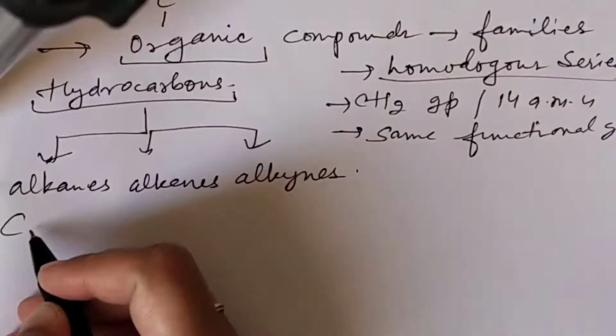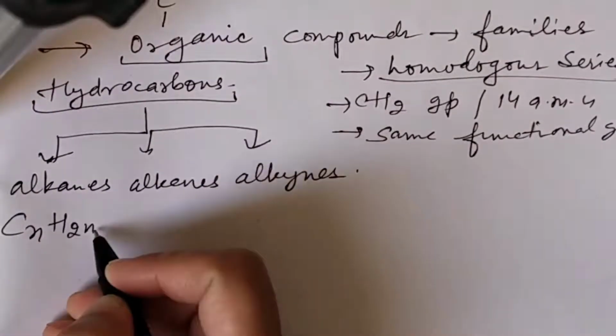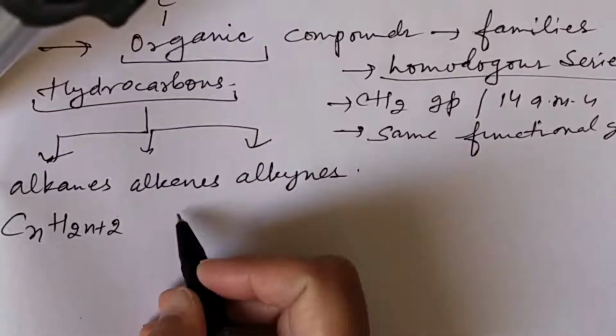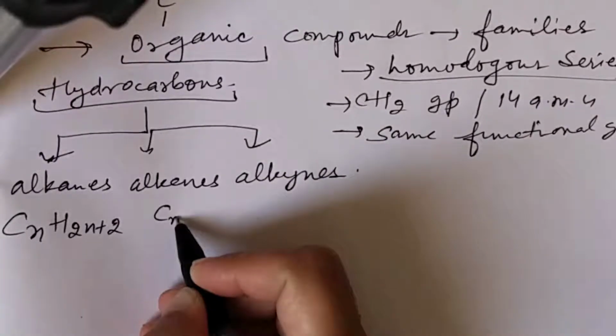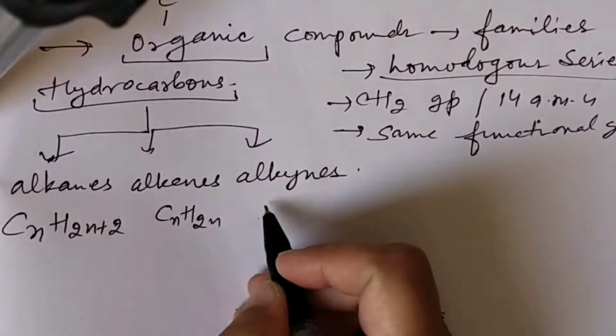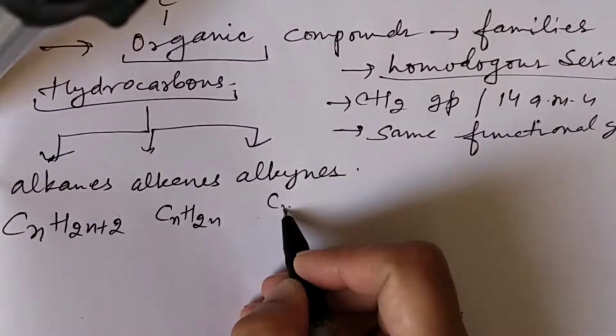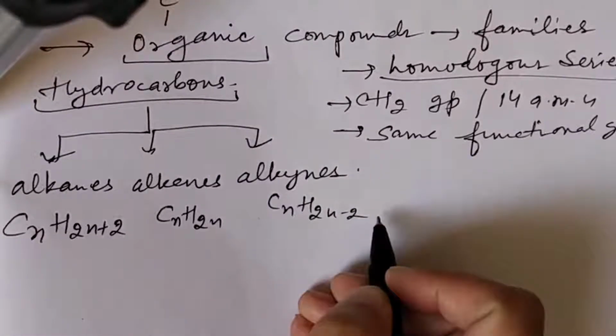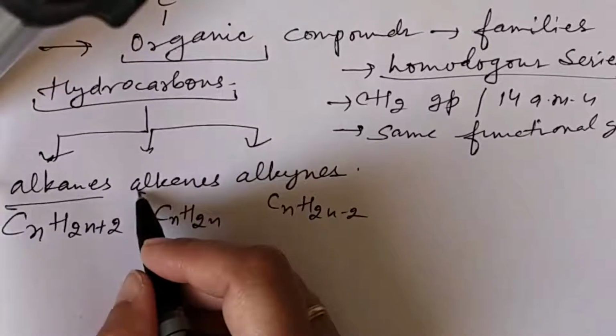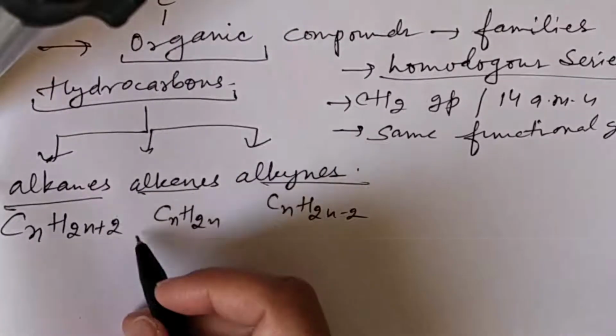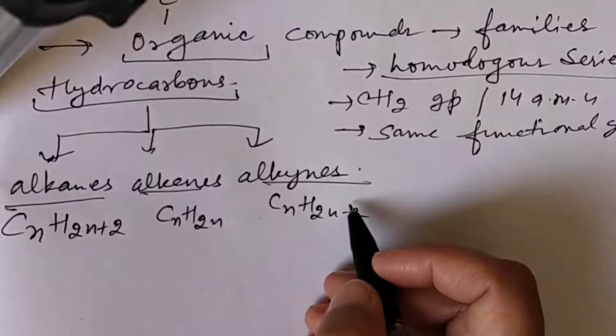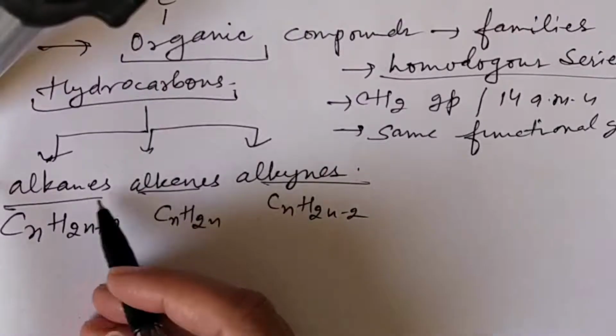It will be CnH2n+2. In alkenes, it will be CnH2n. In alkynes, it will be CnH2n-2. So here are the general formulas related to these hydrocarbons respectively.